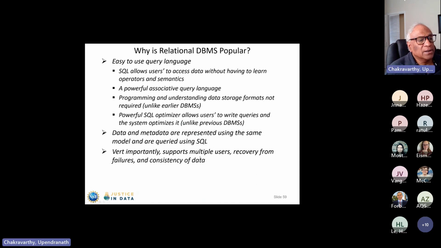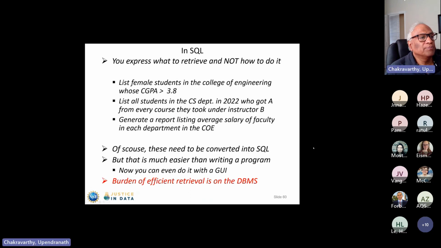Data and metadata are represented using the same model, the relational model, and can be queried. That's one advantage. Very importantly, it supports multiple users, recovery from failures, and consistency. These are very important elements. In SQL, you can write queries for expressing things like listing female students in the College of Engineering whose cumulative GPA is greater than 3.2.